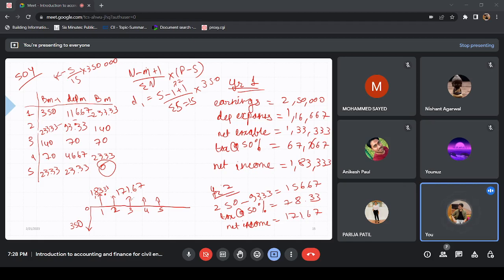Once you do it, you would find that at third year you have got 160, by fourth year 148.3, and 136.67. Okay. Are you guys calculating? Should I give you some time to do it?